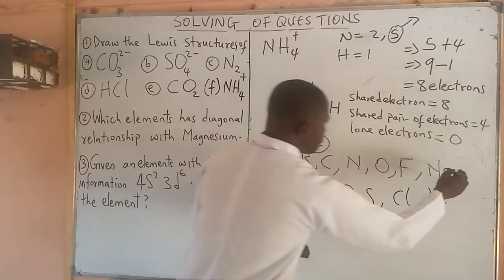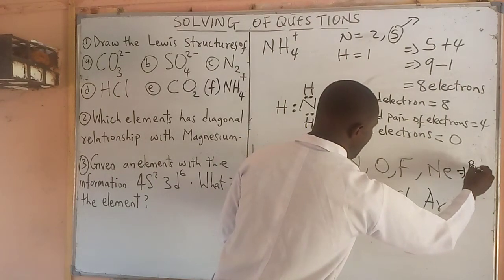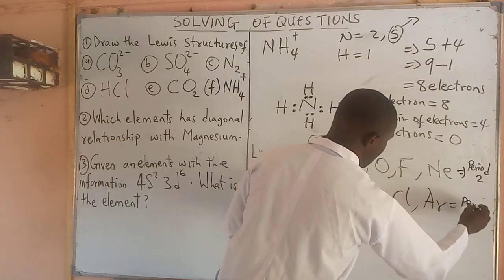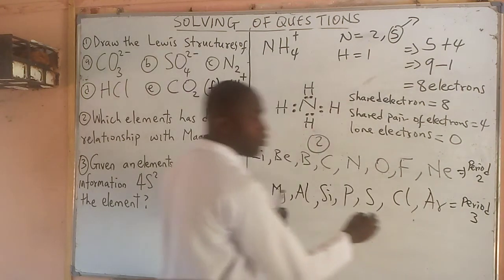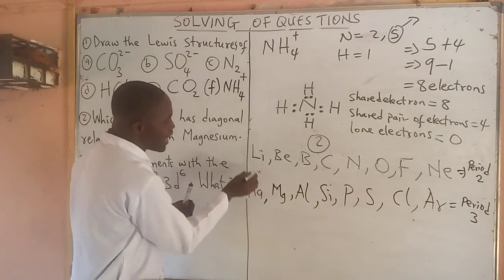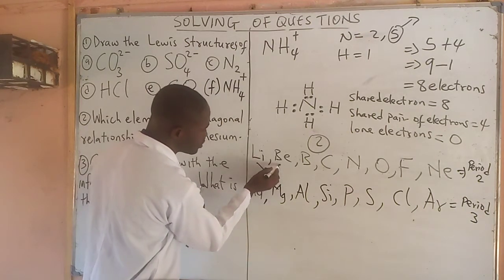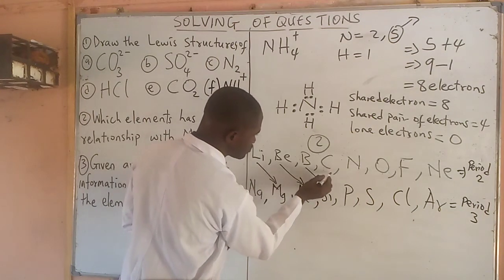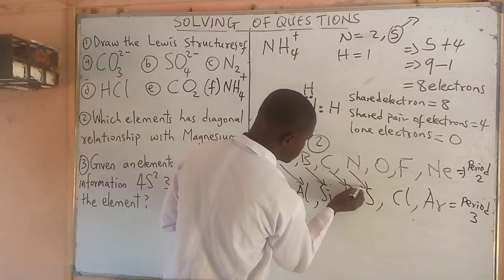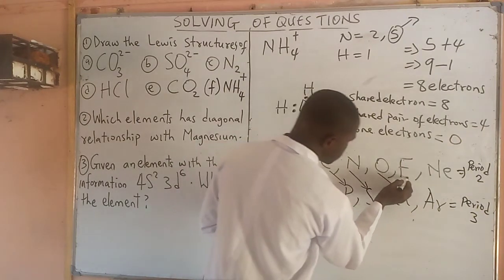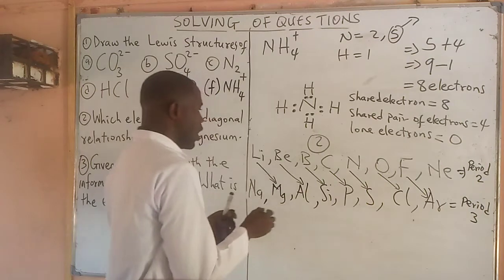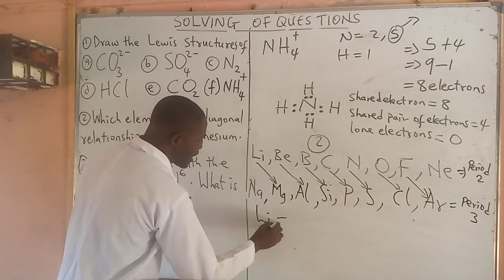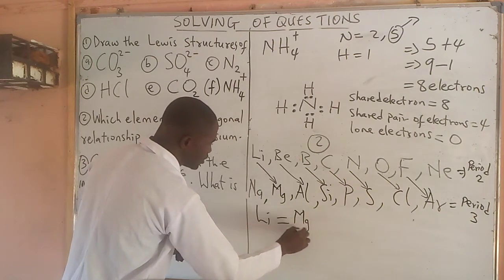So this is period 2, the elements in period 2, and this is the elements in period 3. What happens here is that for a diagonal relationship, this will go to this diagonally. That means lithium has a diagonal relationship with magnesium.